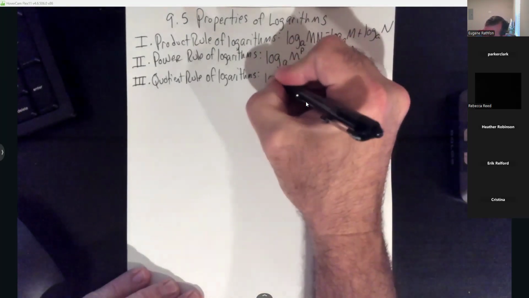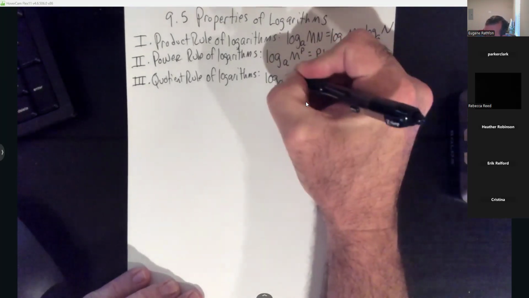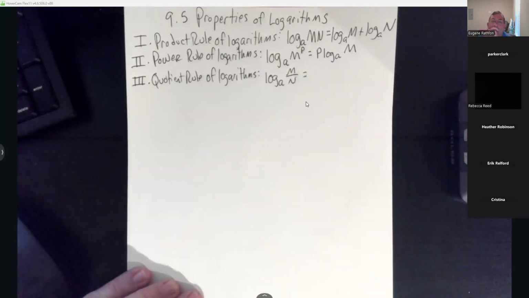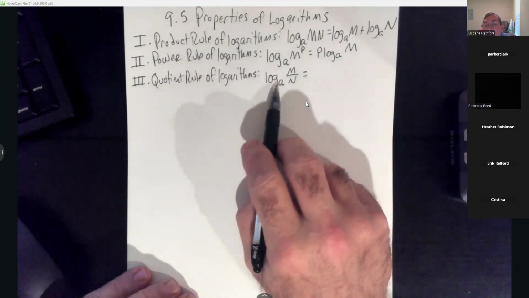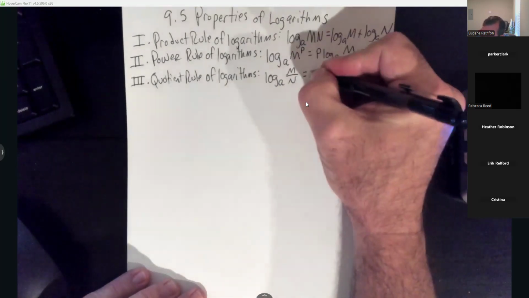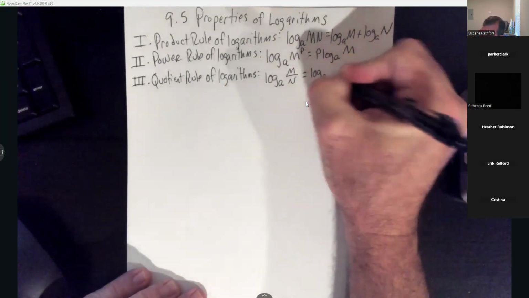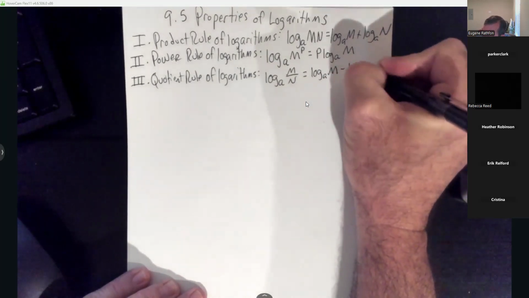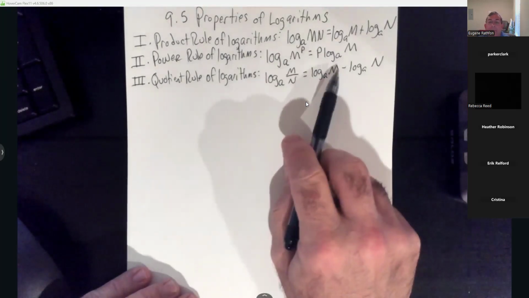So if I have a log base a of m over n, I can rewrite a quotient as a difference of logs. Log a of m minus the log a of n.